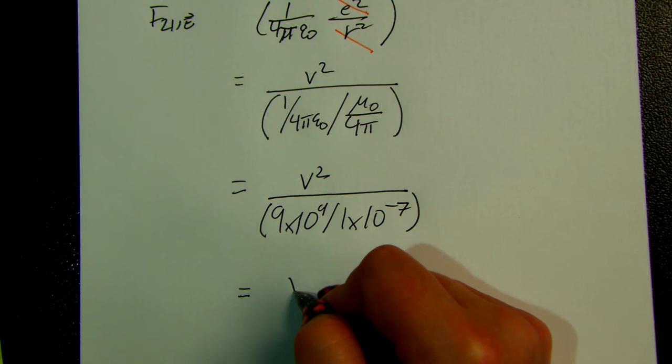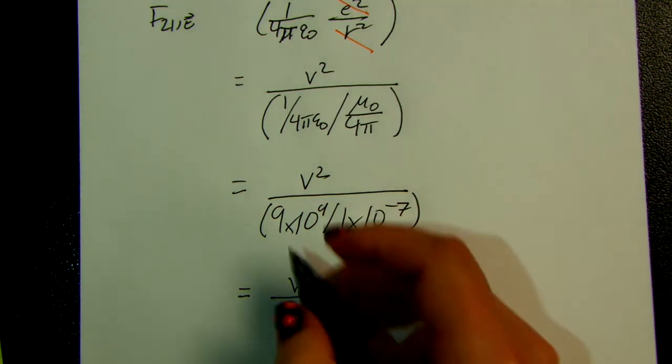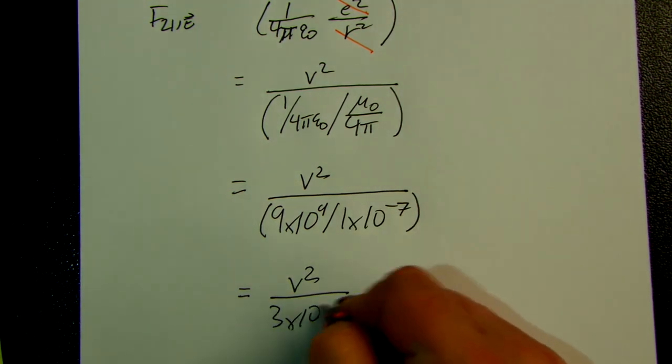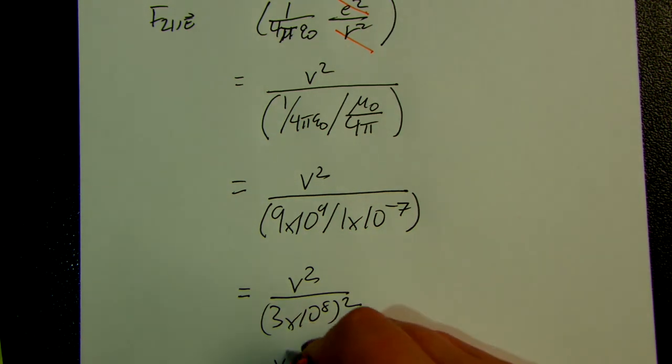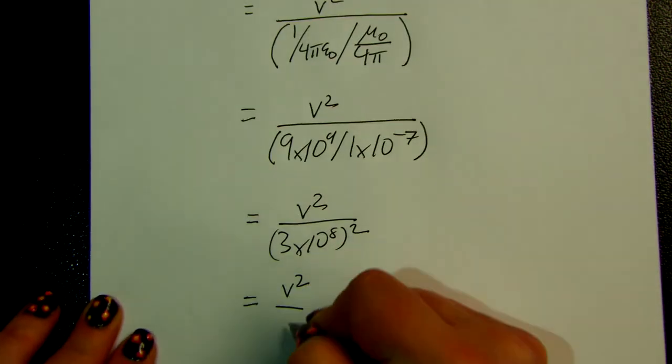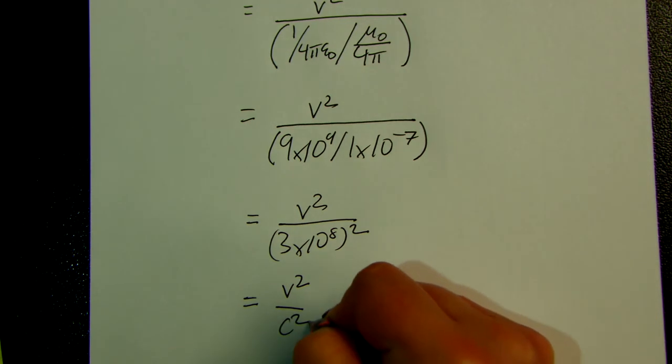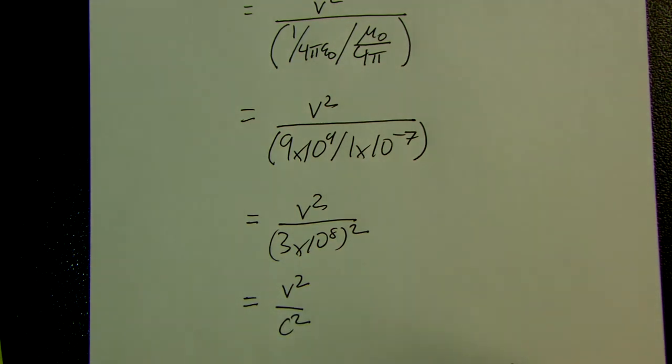This is equal to v squared over 3 times 10 to the 8, quantity squared, is equal to v squared over c squared. Wow! I told you mu naught and epsilon naught was going to be important later.